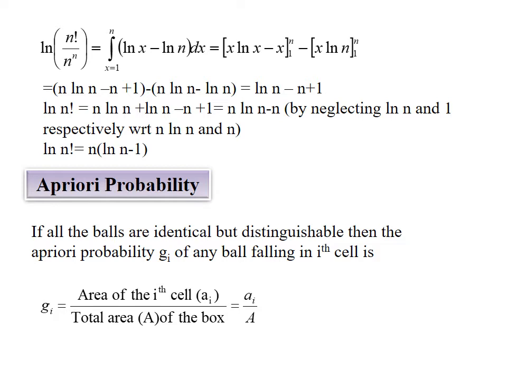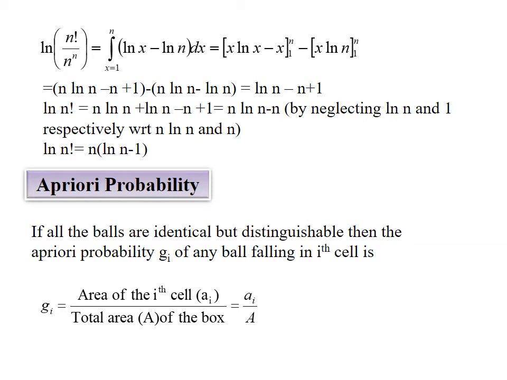On further simplification, and also by neglecting the higher order terms, the final expression is ln n factorial equal to n (ln n minus 1).